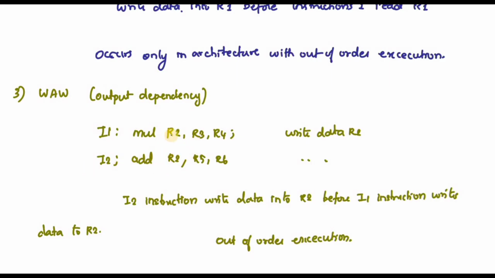But since I1 executes last, the processor may take the I1 instruction value of R2. So this will cause a write after write data concern.